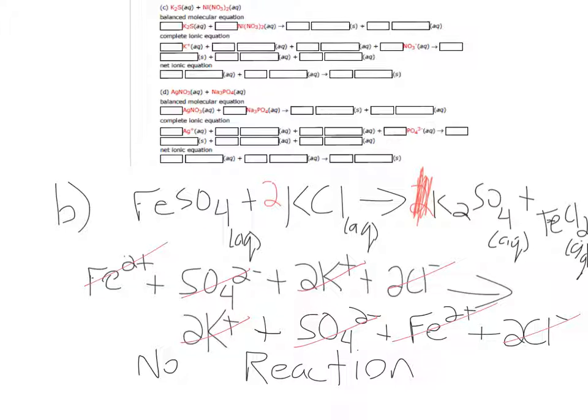Formatting issue that we should point out. In WebAssign, if you have a no reaction, up at the top it said type NR. If no reaction occurs, type NR in all the answer boxes for that reaction.